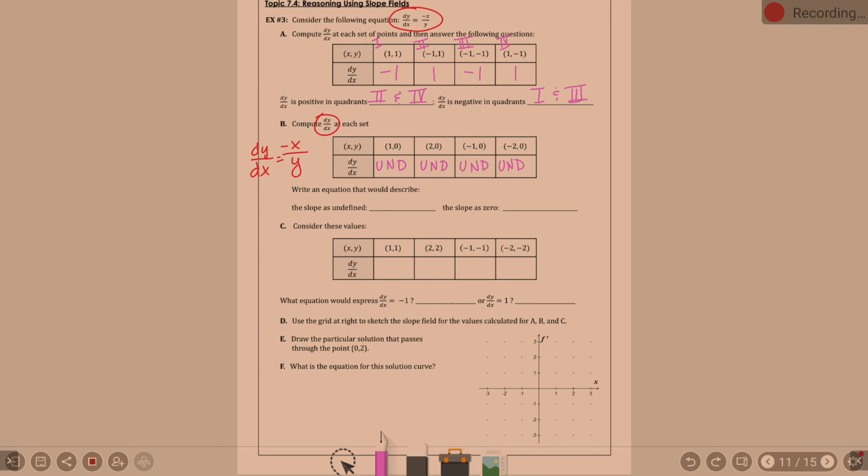Okay. Write an equation that would describe the slope as undefined, and write an equation that would describe the slope as 0. What kind of line has an undefined slope? When we first learned slopes, the vertical lines were undefined.